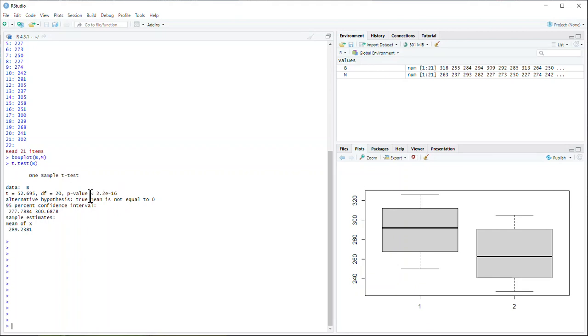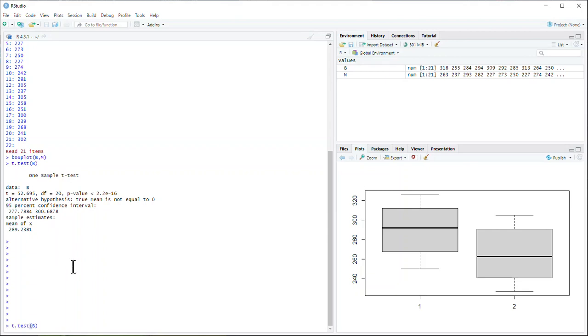The possibility that this result was due to randomness is 0. My confidence interval in context shows me that 0 is not inside, and I'm confident that the true mean is somewhere between 277.8 and 300.7, the true mean of all Big Ten football players.